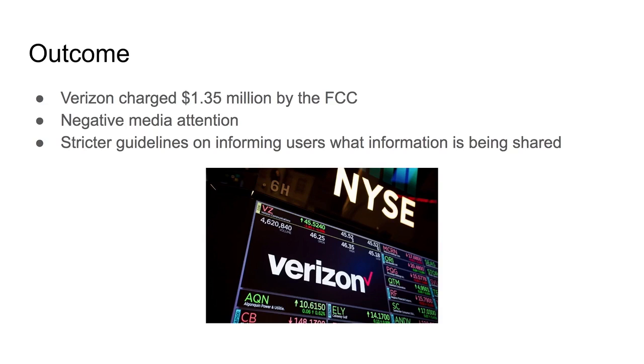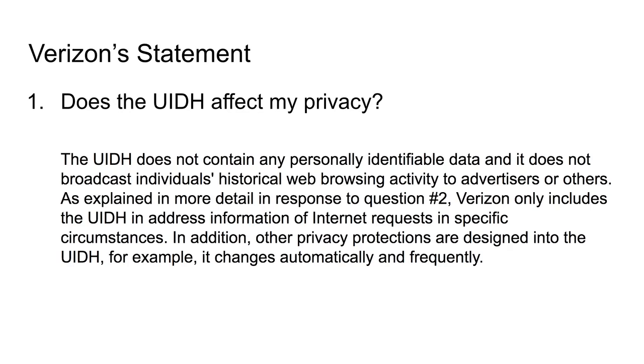They had to explicitly label what information they were going to use and gain explicit permission to use each and every piece of information. In terms of what Verizon had to say about this fine, they basically said that the UIDH doesn't actually contain any personal identifiable data, and that it doesn't broadcast individuals' historical web browsing activity to advertisers or others.